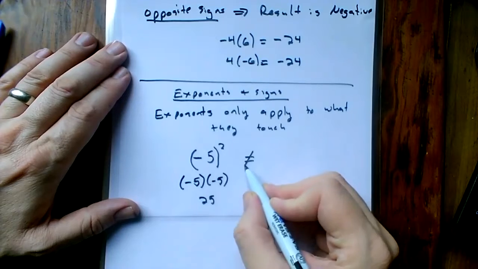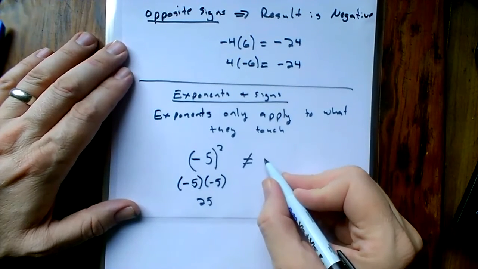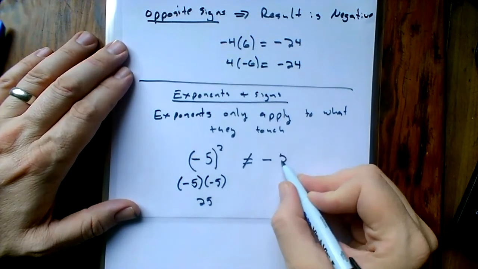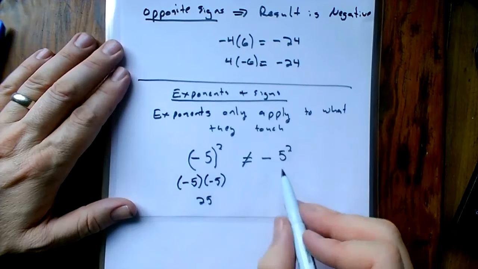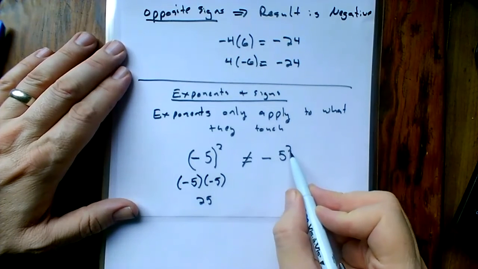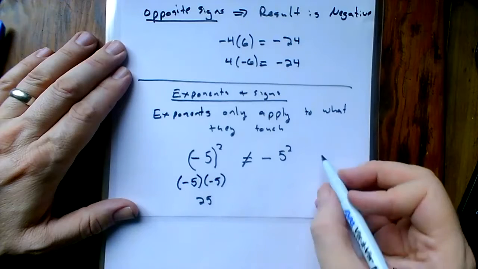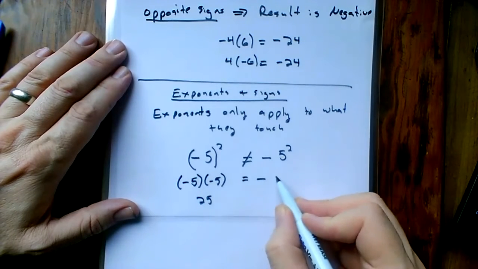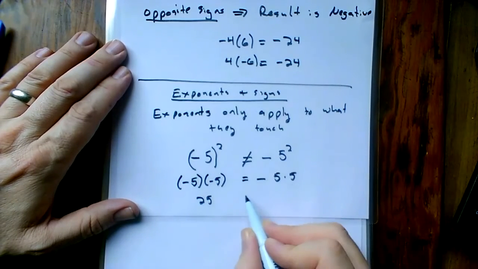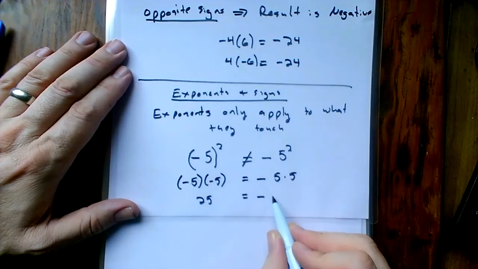This is not the same as the opposite of 5 squared. Here, the exponent only applies to the 5, but not the negative sign in front of it. This would be the opposite of 5 times 5, which would be the opposite of 25.